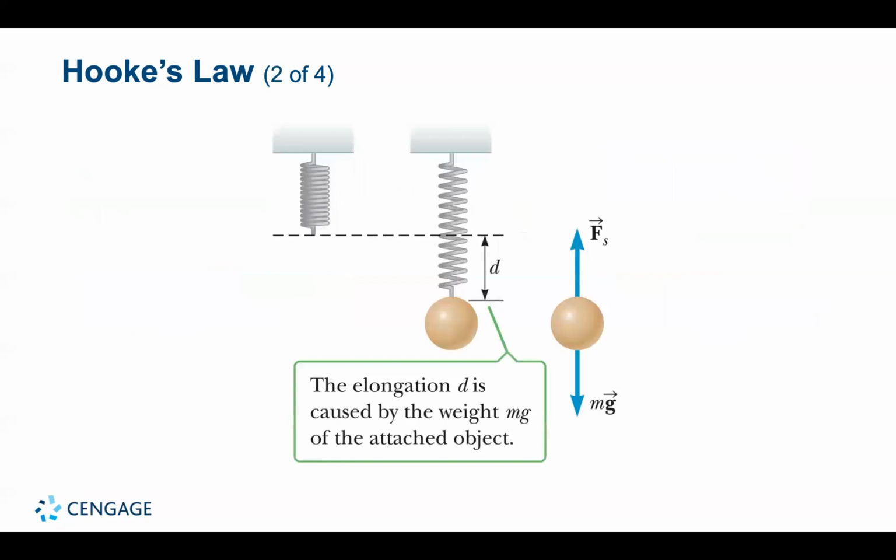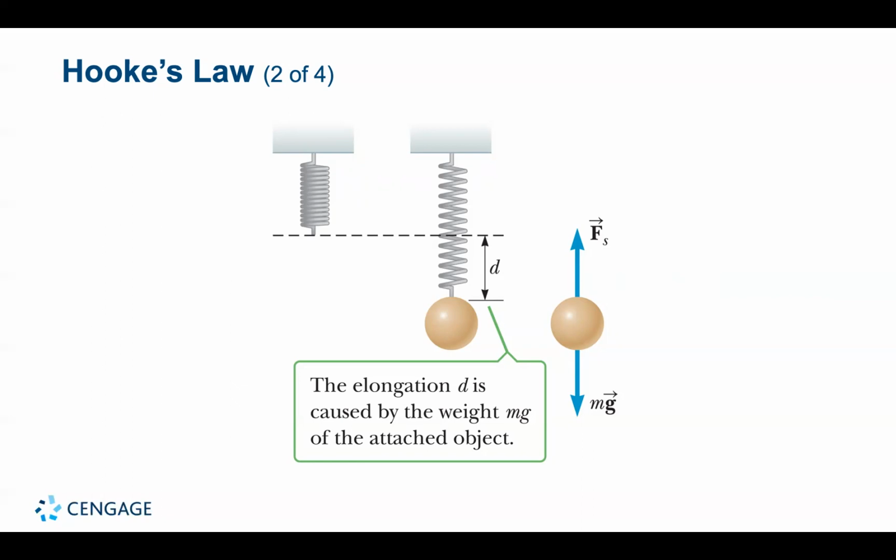So here, in this figure, we want to determine the spring constant. Because the upward spring force balances the weight when the system is in equilibrium, it follows that k equals mg divided by d. Think about an object suspended from a vertical spring. The motion is simple harmonic.